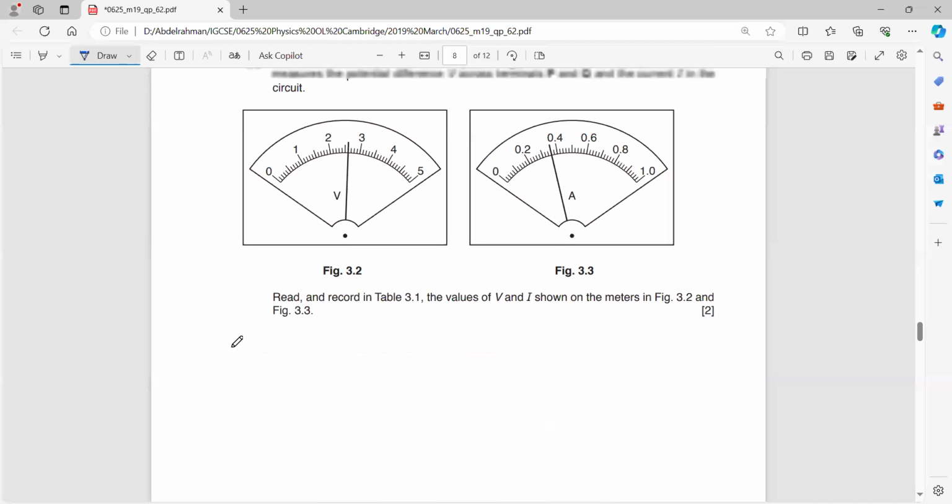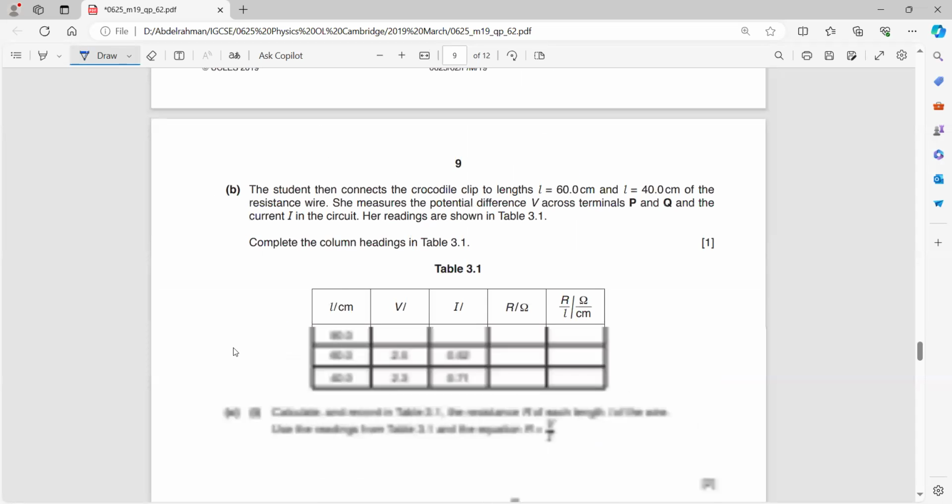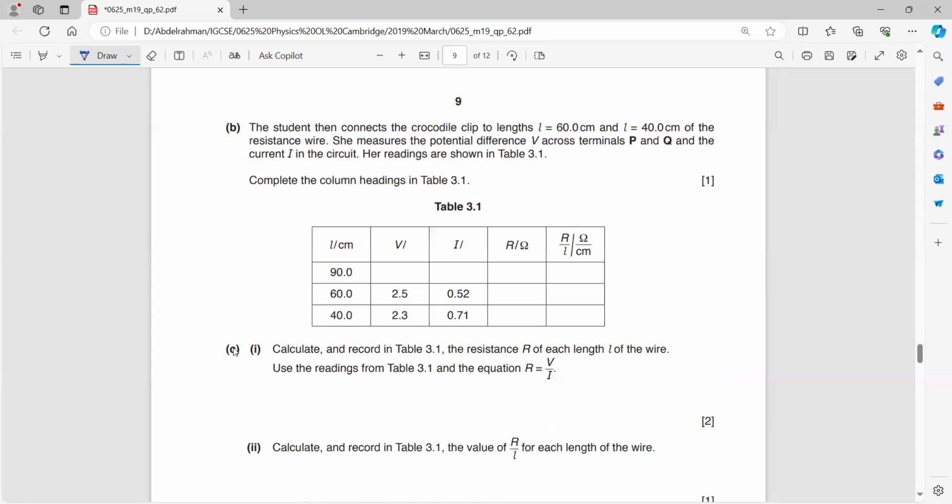The voltage is 2.6 and the current is 0.36. Can I fill up the column headings? Yes, the voltage in V and the current in amperes.